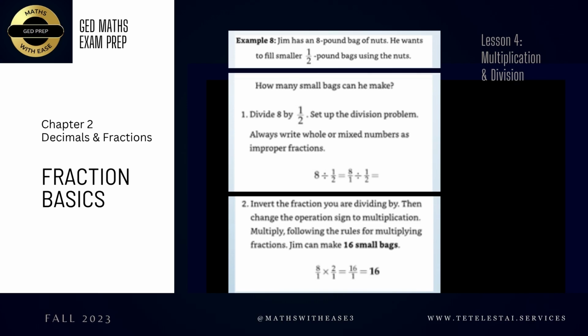So when you multiply by a fraction that's less than 1, the answer you get will always be smaller than the number you started with, because you're finding a part of something. Let me just go back to one of the slides as an example.